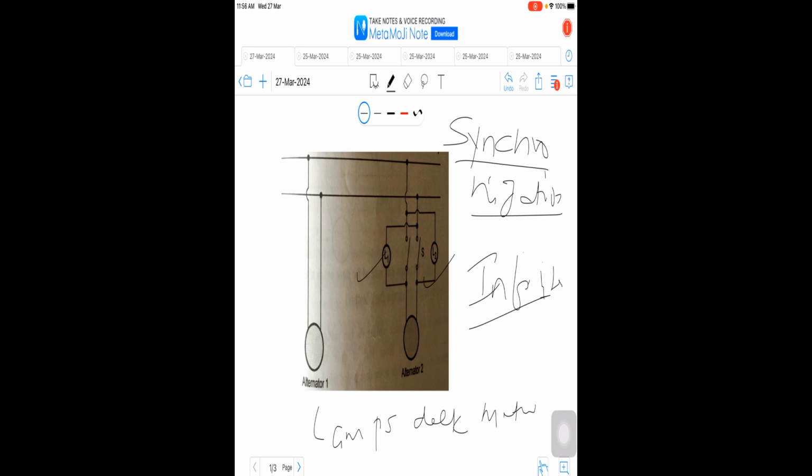Under this condition the lamps will not glow, as the voltages of both machines have the same maximum and RMS value and are in exact phase opposition, so the resulting voltage in the local circuit will be 0.